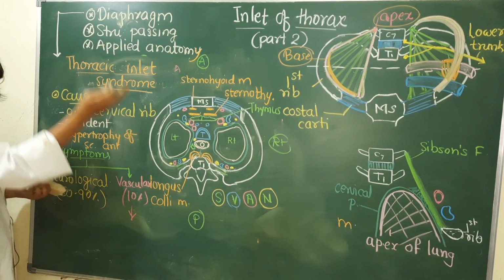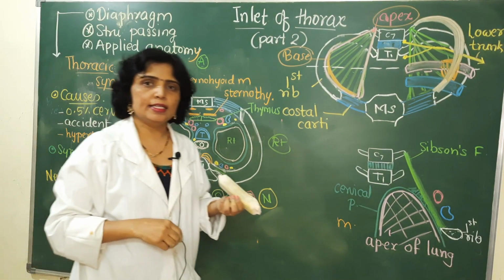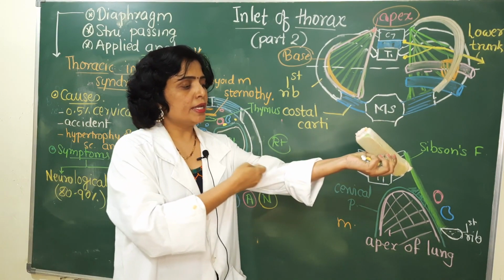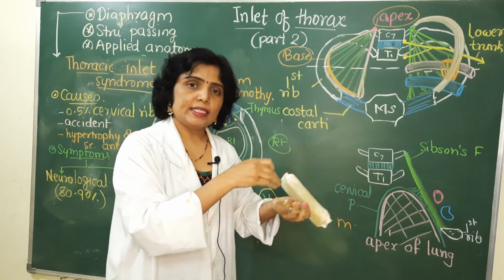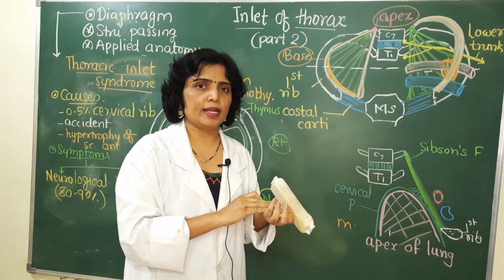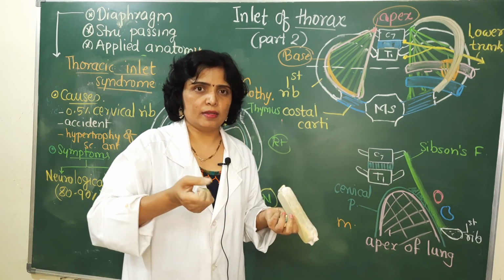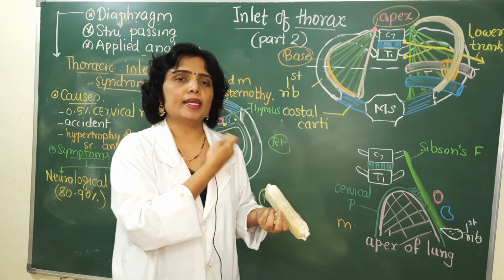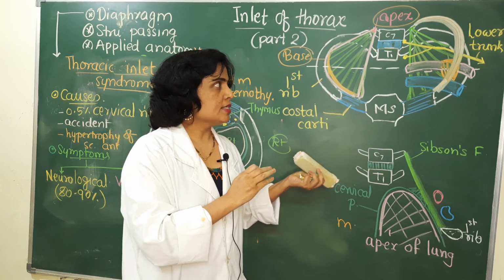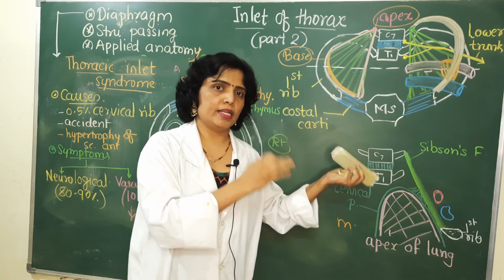What will happen if the lower trunk of the brachial plexus is compressed? It will lead to pain, tingling and numbness along the medial side of the arm and forearm, wasting of the intrinsic muscles of the hand, and weak grasping. Pain in the neck and shoulder will be seen. So that is about the neurological symptoms, which are very common.